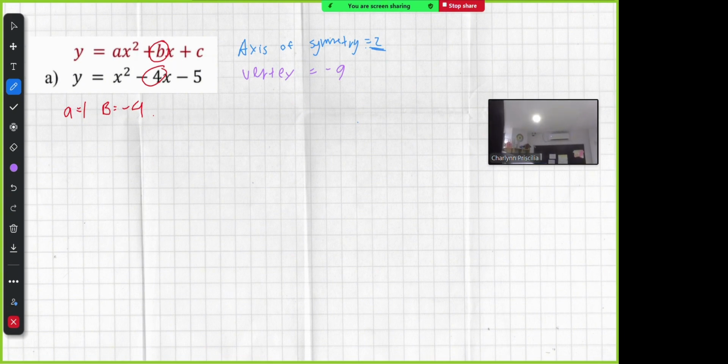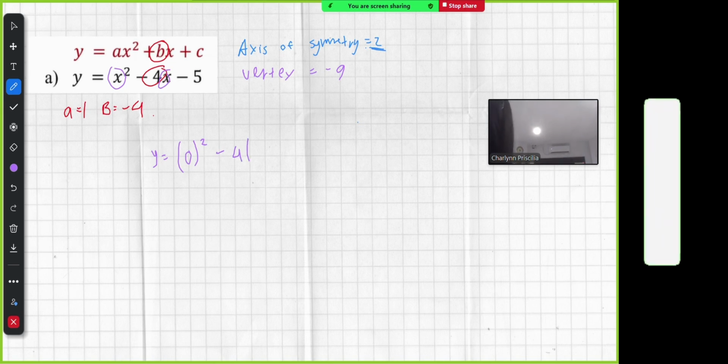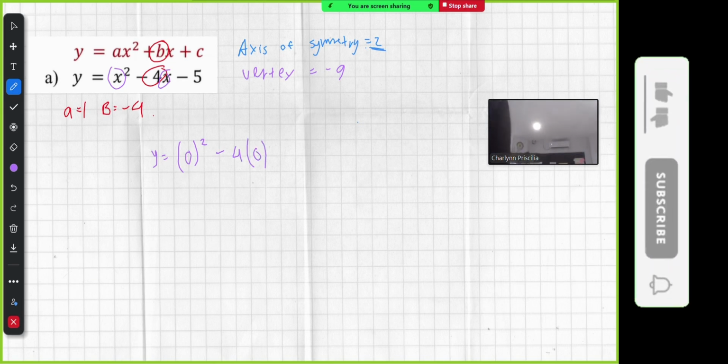The y-intercept occurs only when x equals 0, which means that we have to change all the x's mentioned here to 0. To do that, we will do y equals 0 squared minus 4 times 0 minus 5.